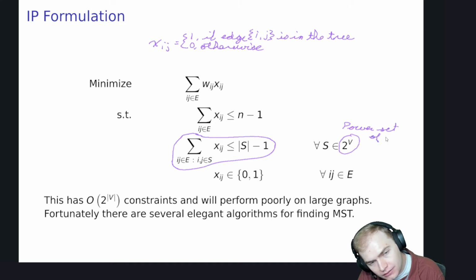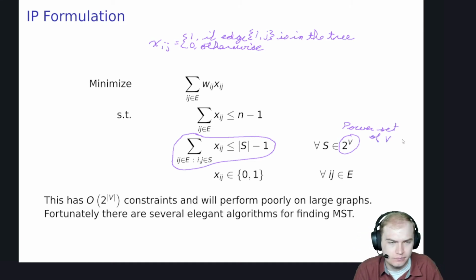Power set of V. For every such subset of vertices, we're going to select at most the cardinality, the number of vertices in that set, minus 1 edges.